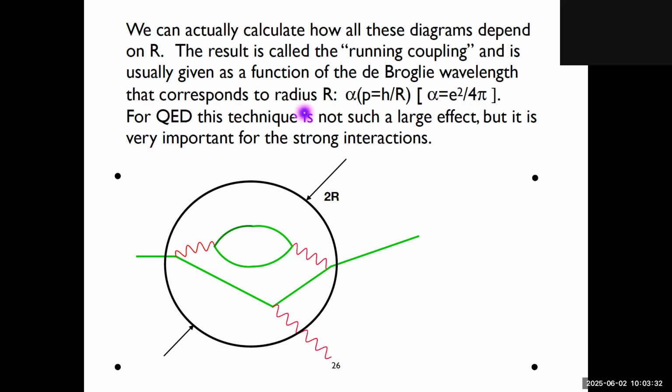For QED, this technique is not such a large effect, and there's not a strong dependence on this p, but it's very important for the strong interaction. So what you're saying here is, I can't calculate this actual thing that happens in the real world, but I can calculate how it depends on the scale that I choose to define it. Here, the scale is very simple.